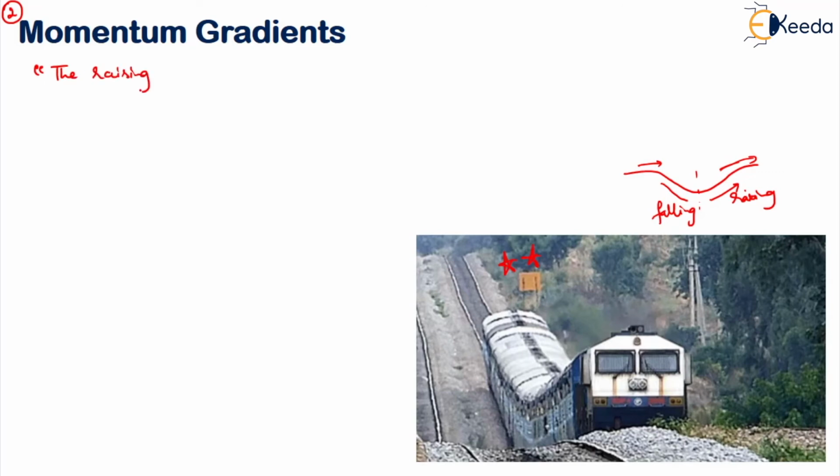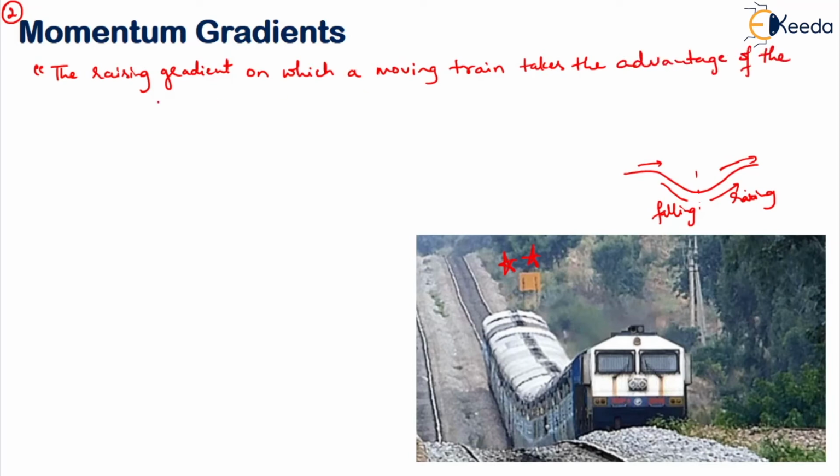Now to write the actual definition, it is nothing but the raising gradient on which a moving train takes the advantage of the preceding falling gradient.